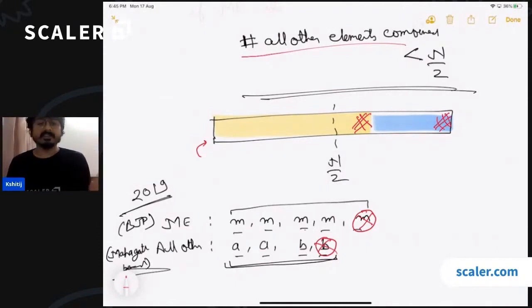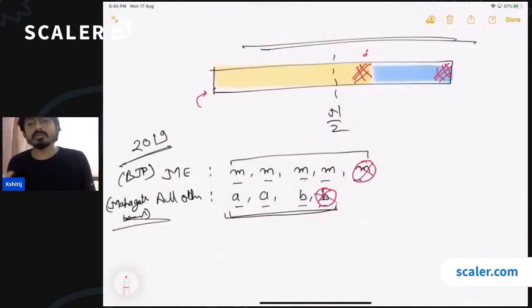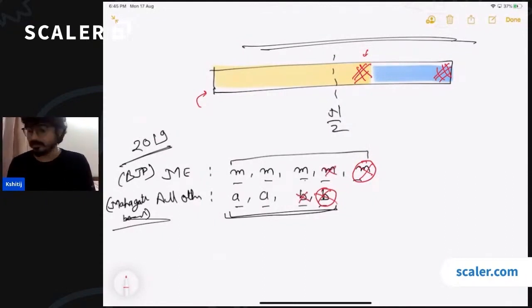So we have reduced the size of the array by 2, and the occurrences of the majority element have been reduced by 1. Let's say 2 more constituencies were removed, one from BJP and one from Mahagathbandhan again. Who is the new winner now? It's again BJP, right?